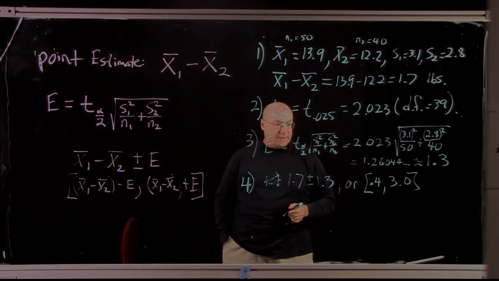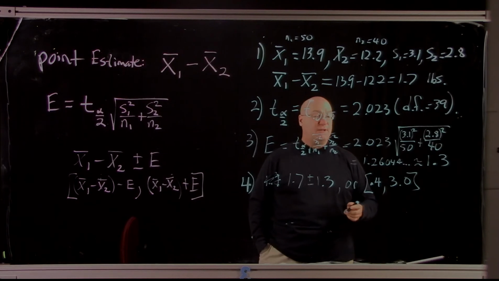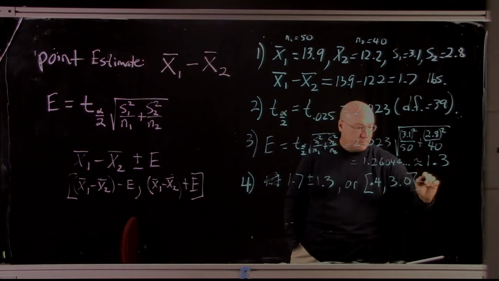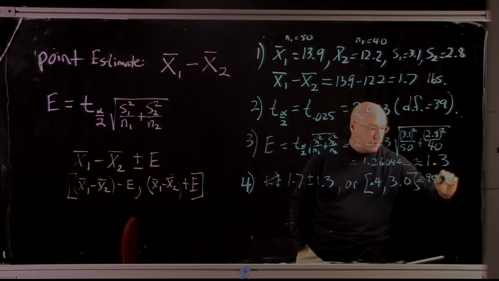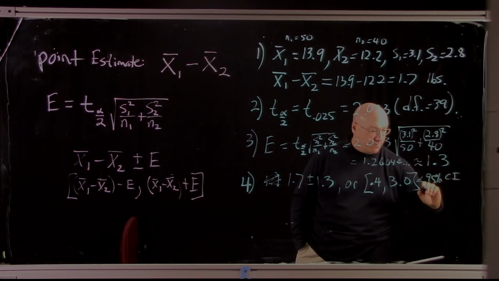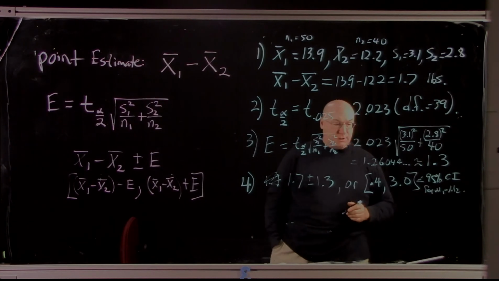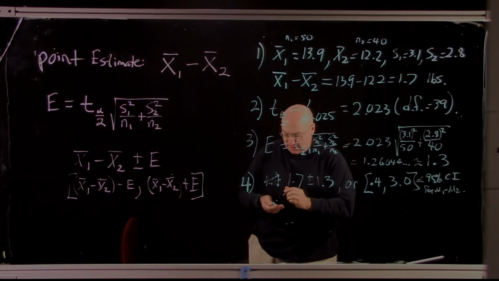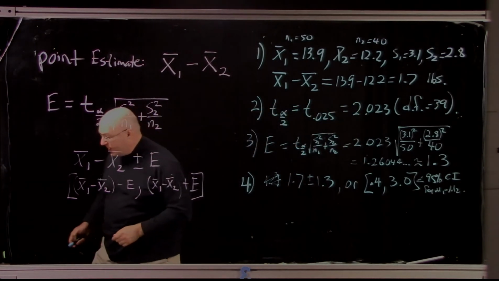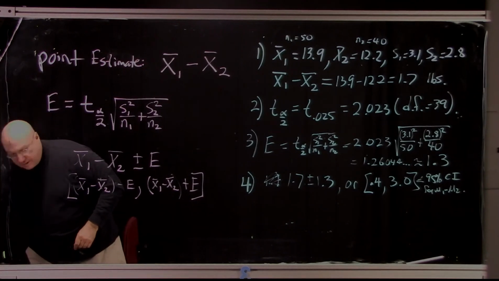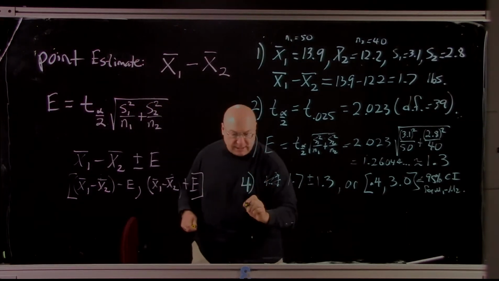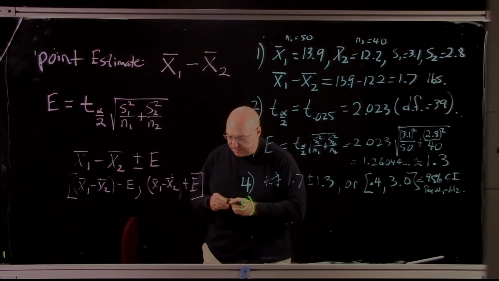Okay, there is our 95% confidence interval for mu1 minus mu2. But of course, if that's all you have, it's kind of confusing. You don't know what you have really. You need to have a conclusion that lays it all out. So let's write that one.